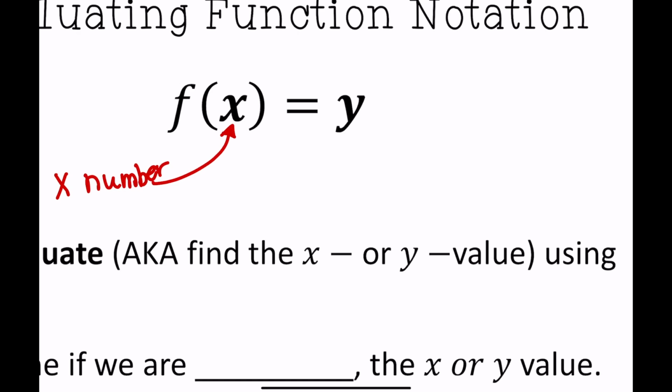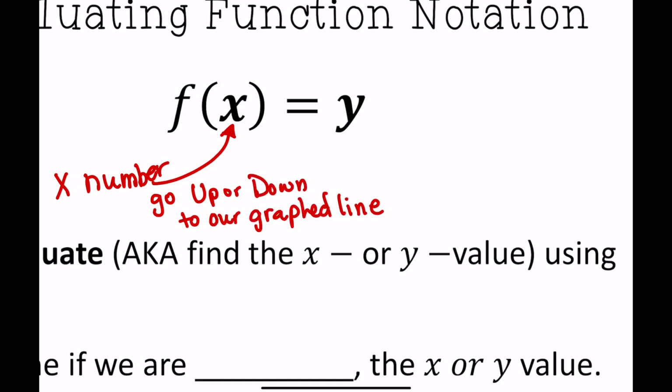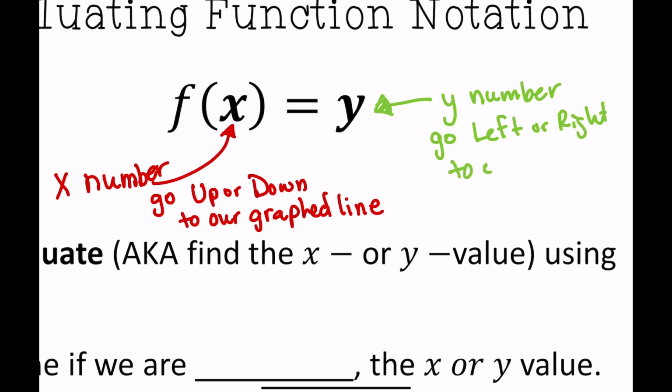Now, when we have an x number, that means that we either go up or down to our graph line. This y represents our y number, which means we either go left or right to our graph line.